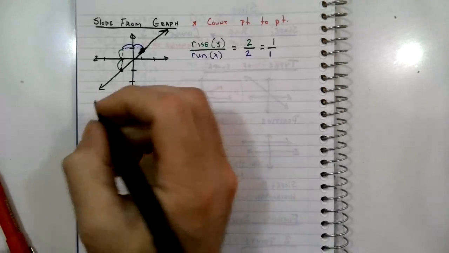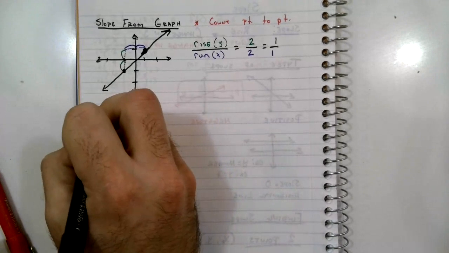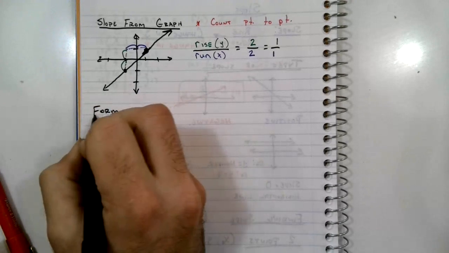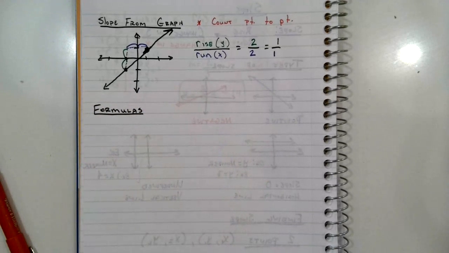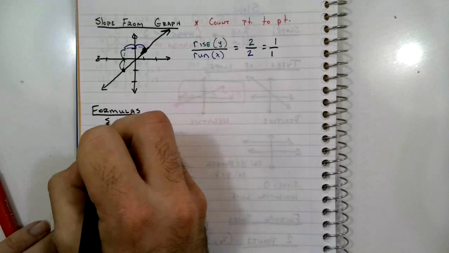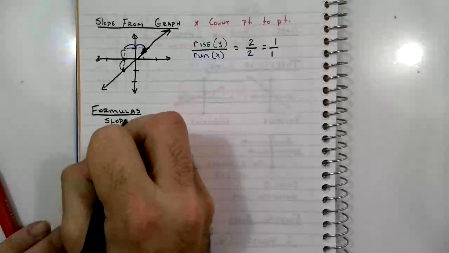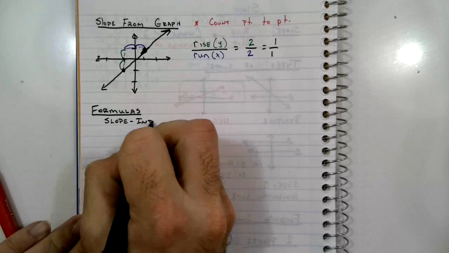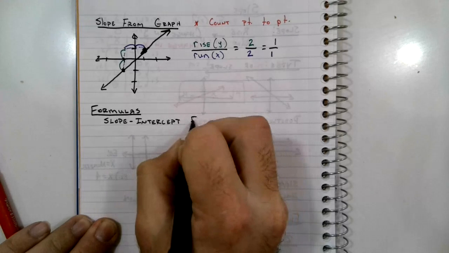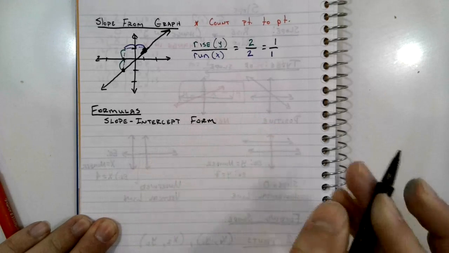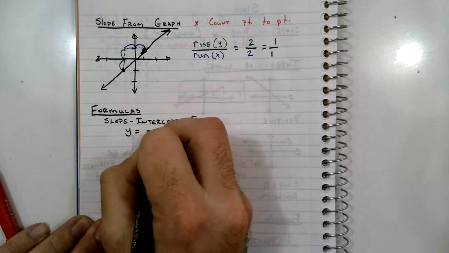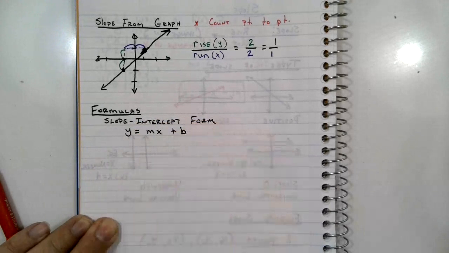All right, the next one, slope from formulas. So an important formula to know, and that I'm sure we all know, is slope intercept form. All right, slope intercept form, y equals mx plus b.